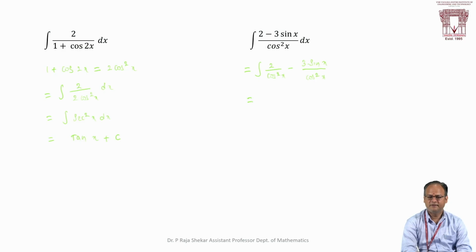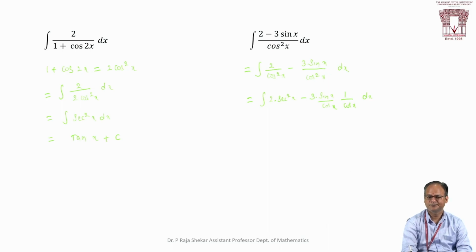So it is the integration of 2 into the integration of 1 by cos square x, which is secant square x, minus 3 into sin x divided by cos square x. We can write it as sin x by cos x and 1 divided by cos x, dx.